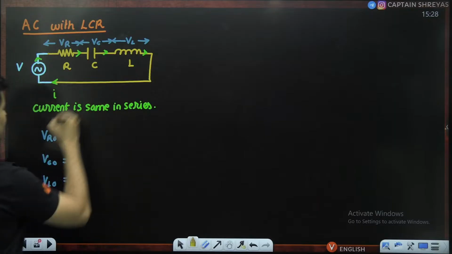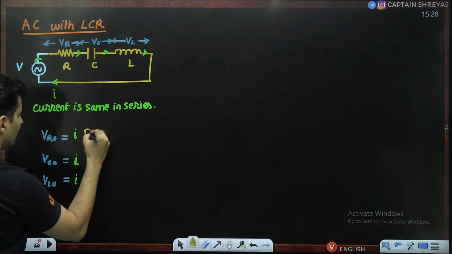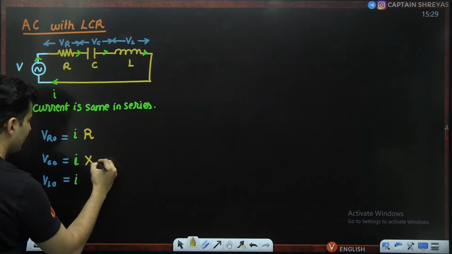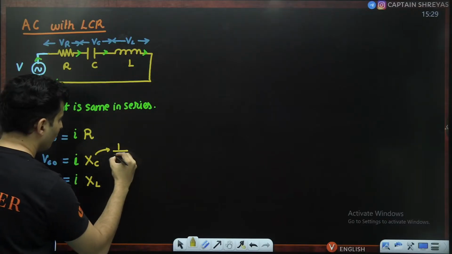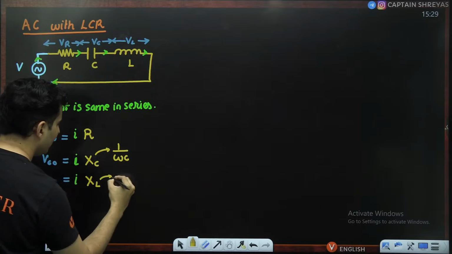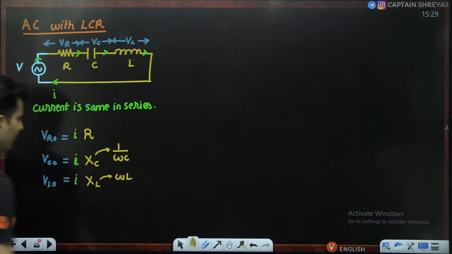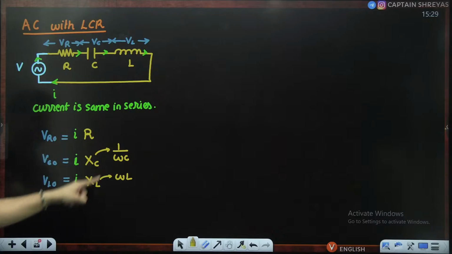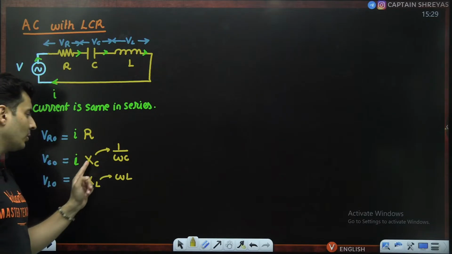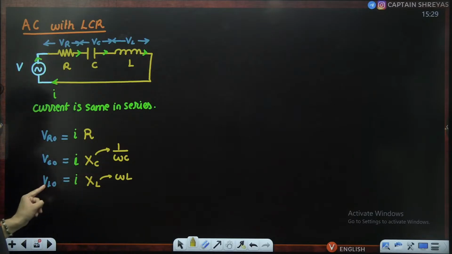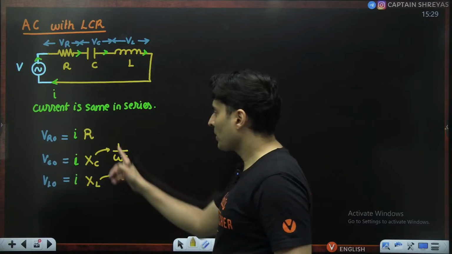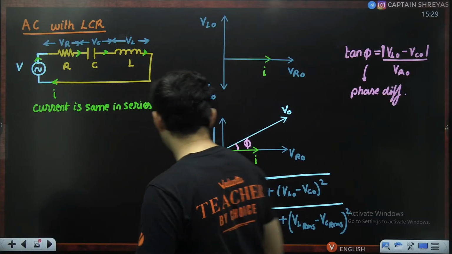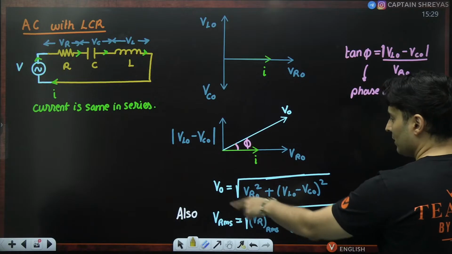So what is the resistance? Across resistor, this will be R, this will be XC, this will be XL. XC is nothing but 1 by omega C, XL is nothing but just omega L. We have seen this just some time back. Voltage is current into resistance, voltage across capacitor is current into capacitive reactance, voltage across inductor is current into inductive reactance. How about substituting these over here?